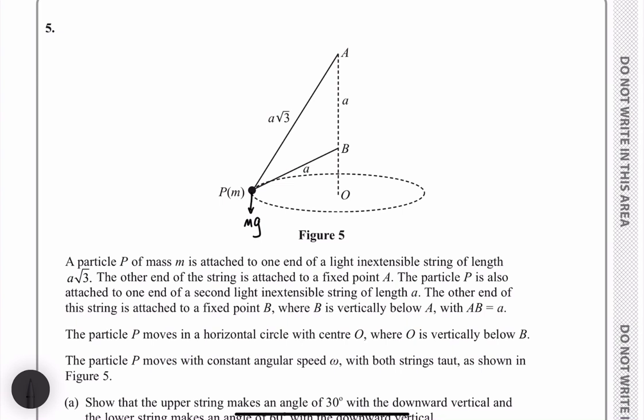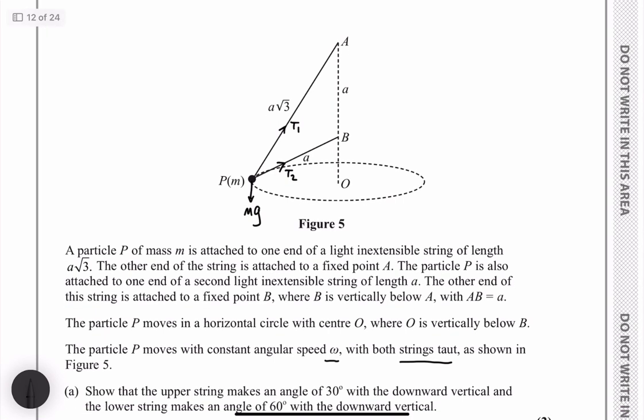B is vertically below A, and AB is equal to little a. The particle P moves in a horizontal circle where O is vertically below B. It also moves with constant angular speed omega, with both strings taut. So we've definitely got a T1 here and a T2 here, as shown in the diagram.